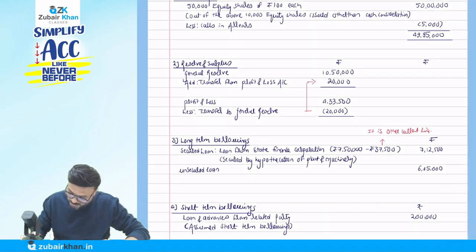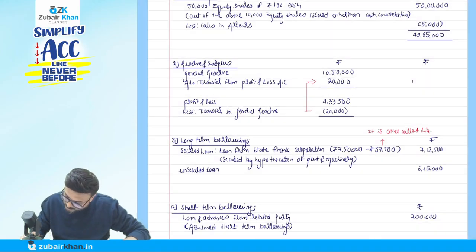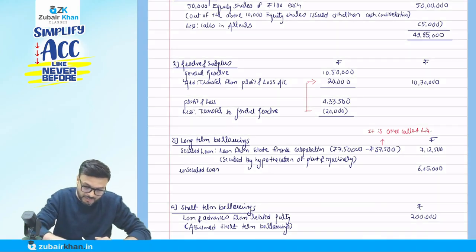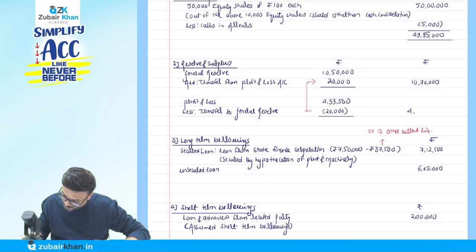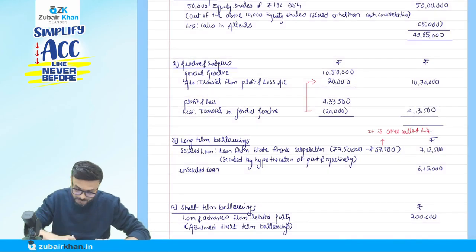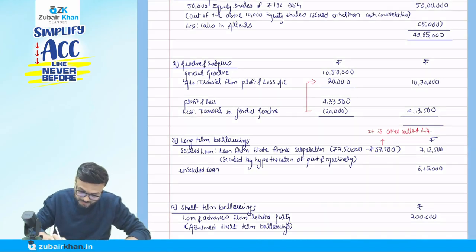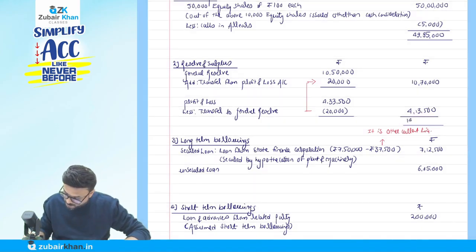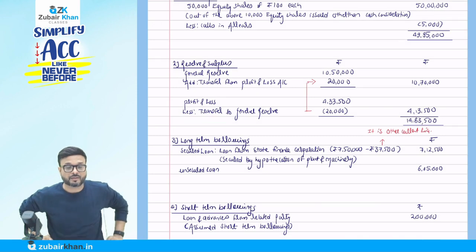Write down the total: 10 lakh 50,000 plus 20, 10 lakh 70,000, 4 lakh 33,500 minus 20, 4 lakh 13,500. Total here that is coming 14 lakh 83,500. Okay.